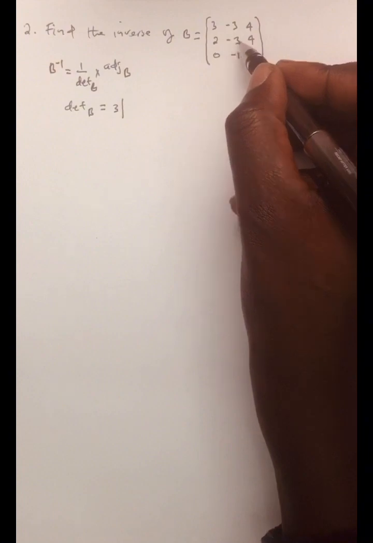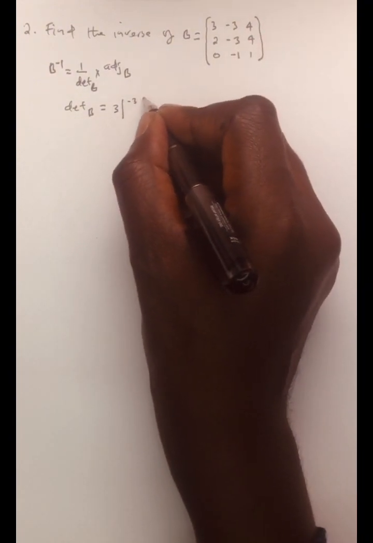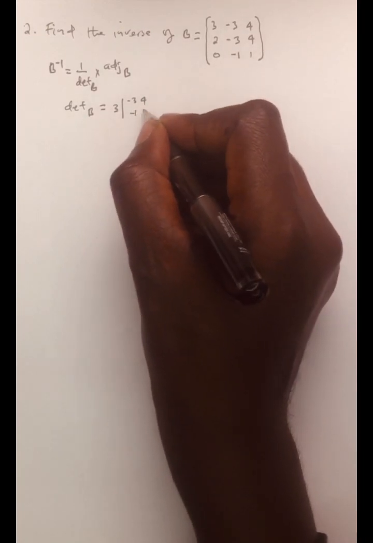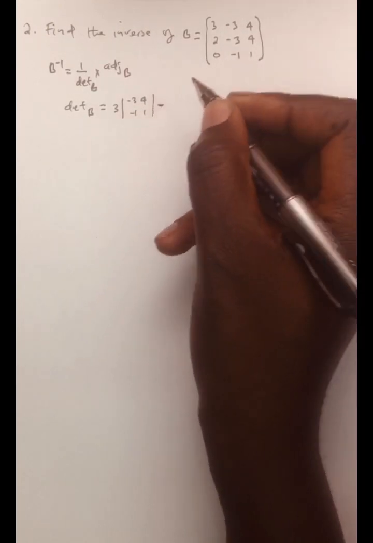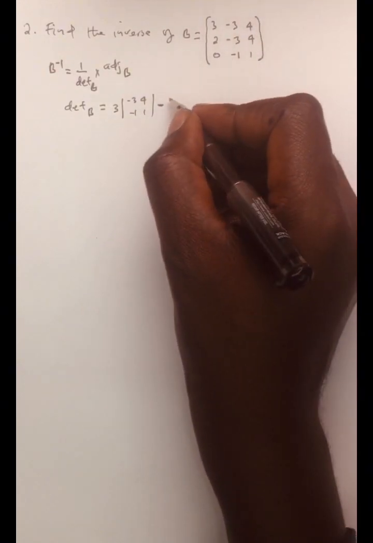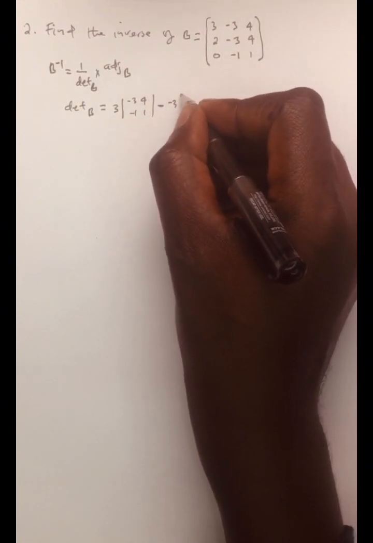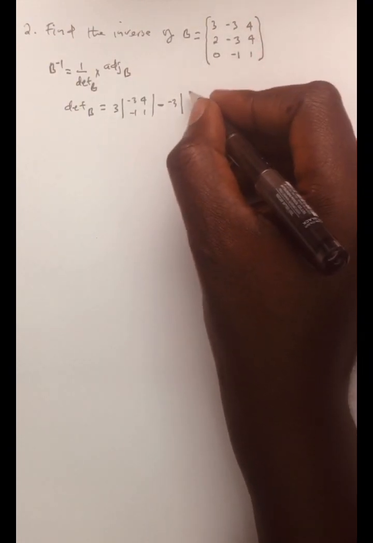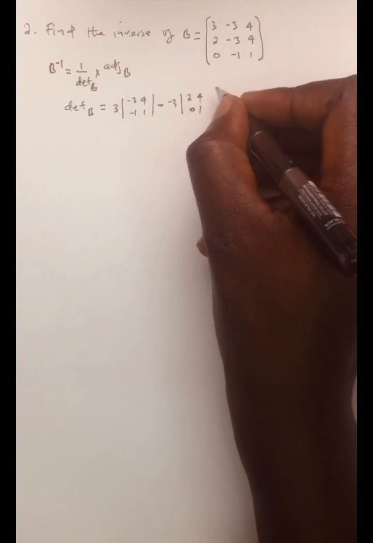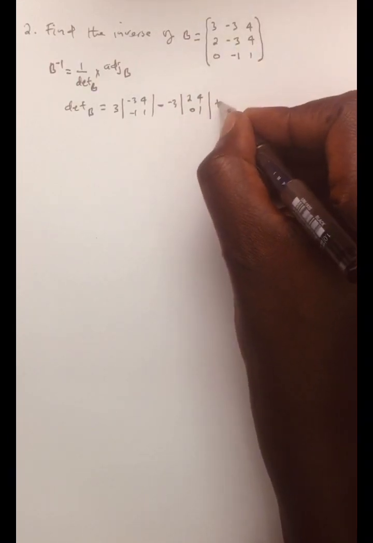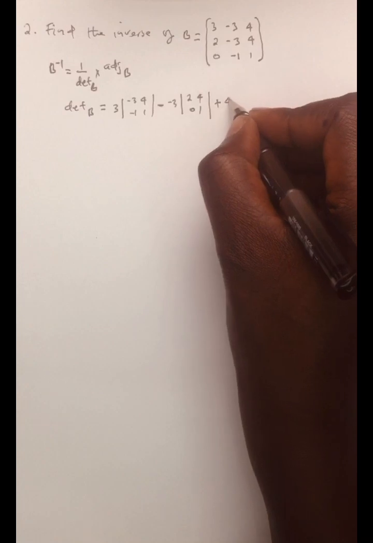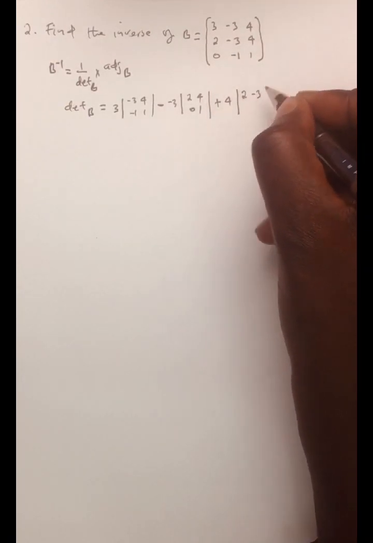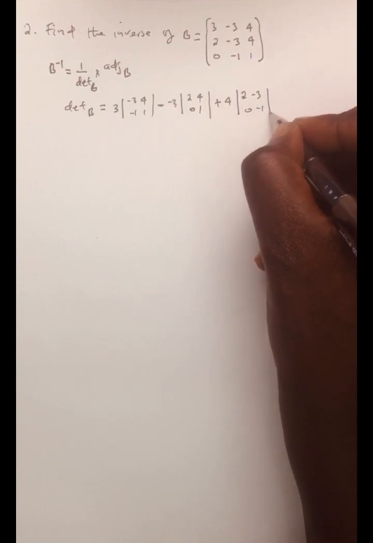So that is negative 3, 4, negative 1, 1, minus the second element, which is negative 3. When you cover its row and its column, you are left with 2, 4, 0, 1. Plus the third element, which is 4. You cover its row and column, you are left with 2, negative 3, 0, negative 1.